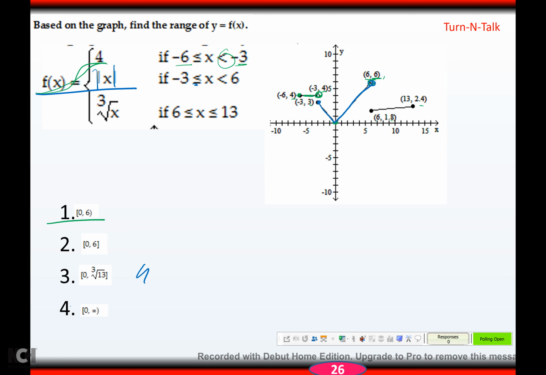And so they plugged in 1 in the middle and they got 1. And then the cube root of x, they plug in 6 and they got 1.8, and they plugged in 13 and got 2.4, and those are both included. And then this would be an S shape, but we're just connecting those two parts of it. Okay? Alright.